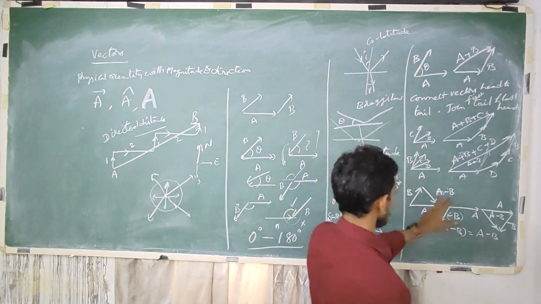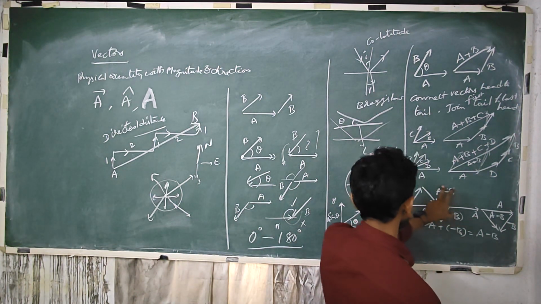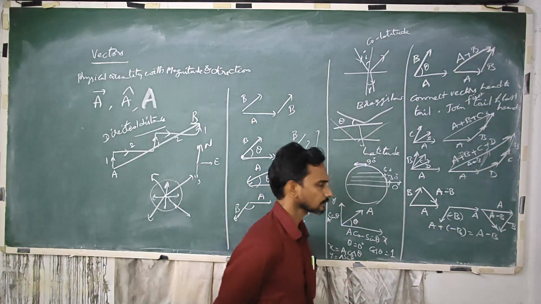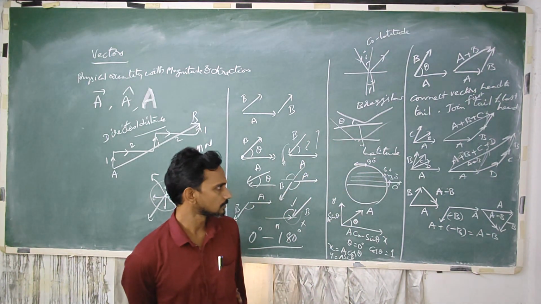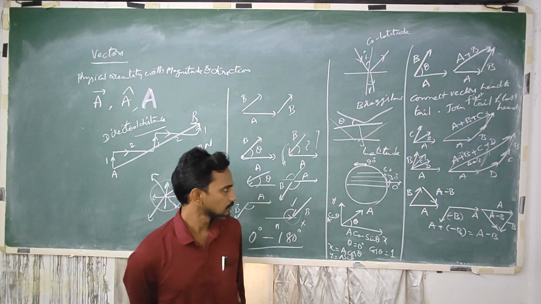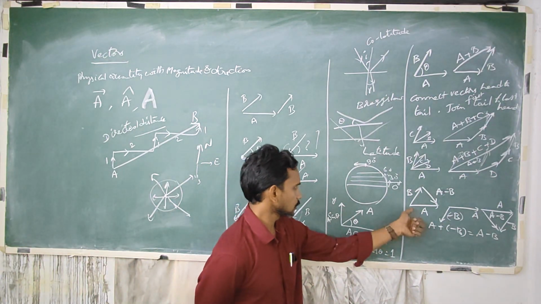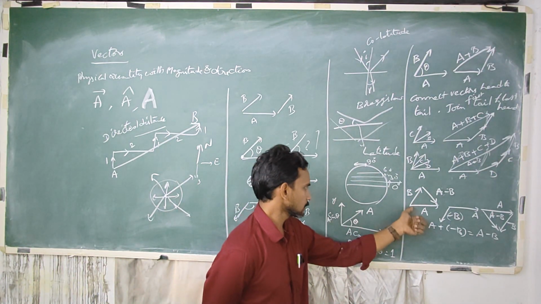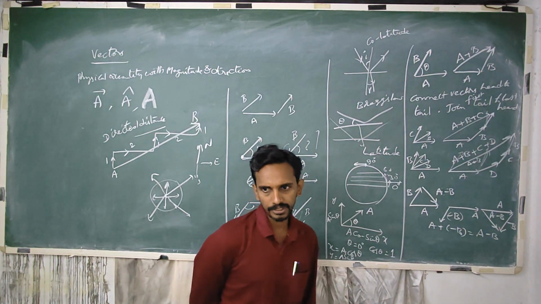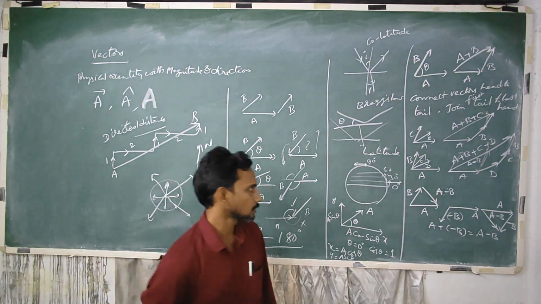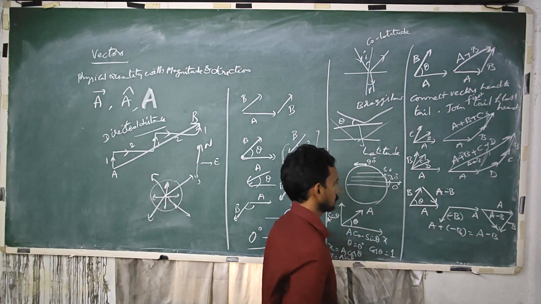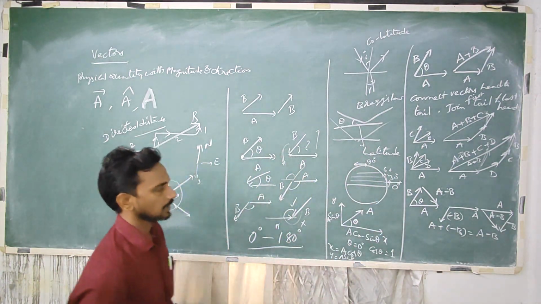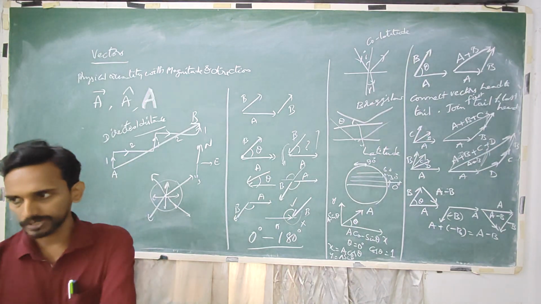So what are you doing to calculate the difference of the two vectors? You are joining them as if you are measuring the angle between them. So you are generating either a converging pair or diverging pair.